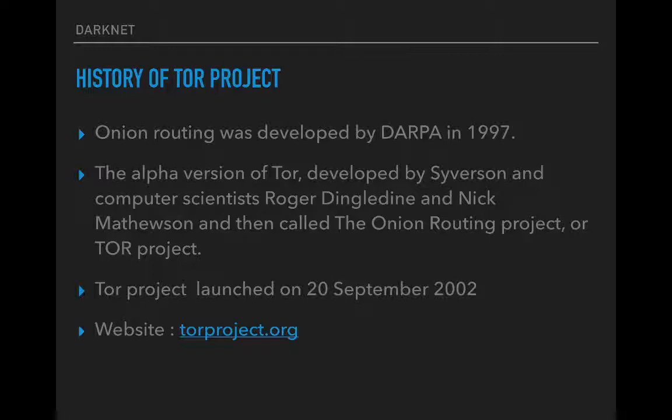The alpha version of TOR was developed by Severson and computer scientist Roger Dingledine. When it was deprecated by DARPA, it became publicly available. Then it was called the Onion Routing Project or TOR project. The TOR project was launched on 20 September 2002. You can visit this website to know more about the TOR project.